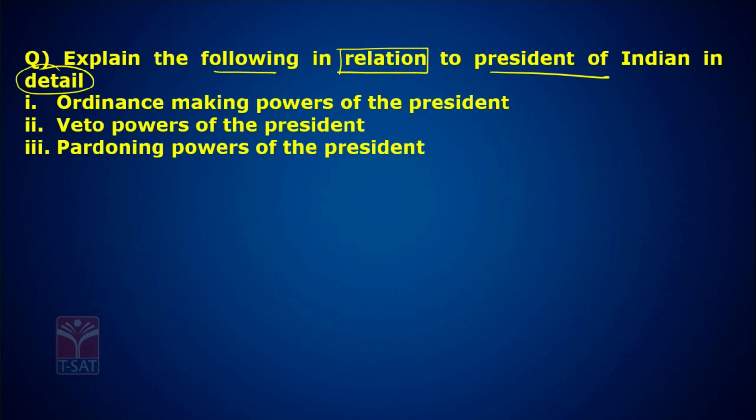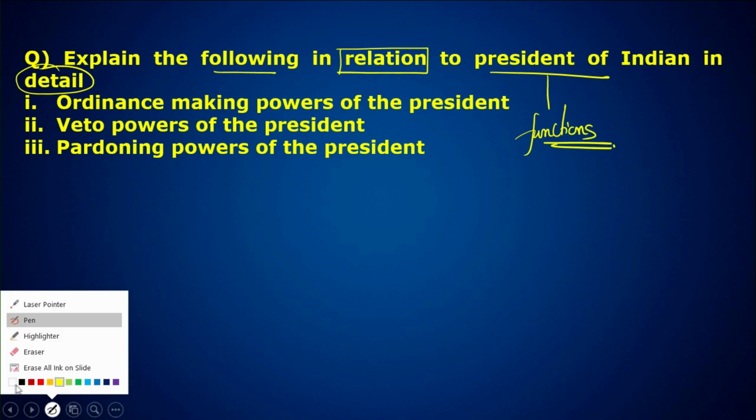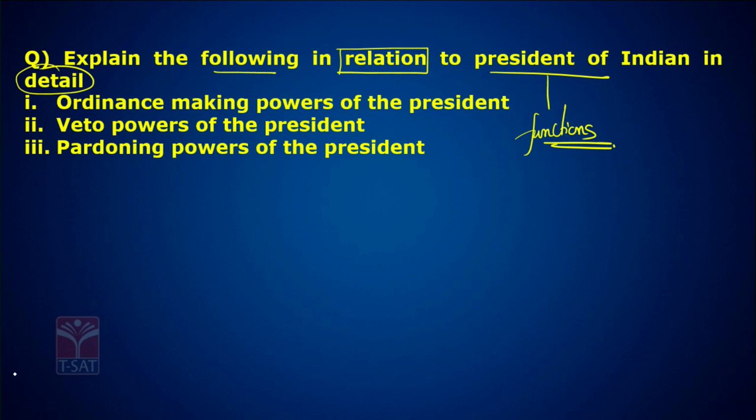The question is all about the functions of the President of India. The first one is ordinance making power of the President, veto powers of the President, and pardoning powers of the President of India.